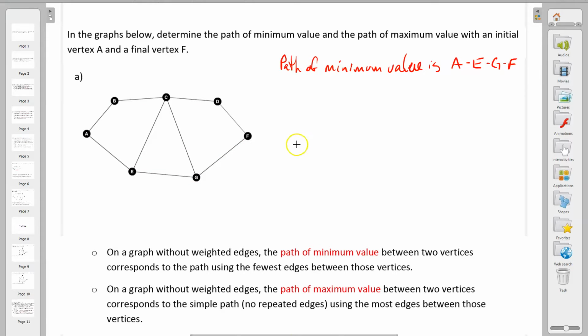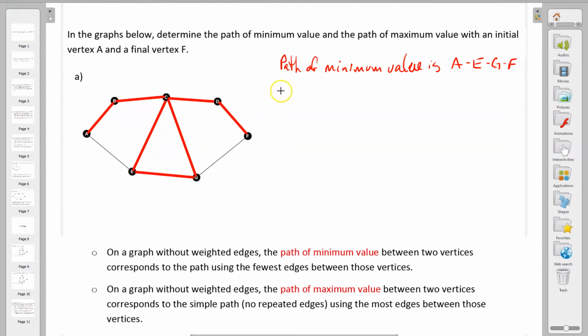Now, how about the maximum value? Well, my first reaction was that the first path that I did of A, B, C, D, F was maybe the maximum. However, remember, the only requirement is that it's a simple path with no repeated edges. So that means I can go A to B, to C, back to E, to G. I can repeat vertices, so I can go to C again, just as long as I don't repeat an edge, and D to F. So by doing that, I get a much longer path, 1, 2, 3, 4, 5, 6, 7.